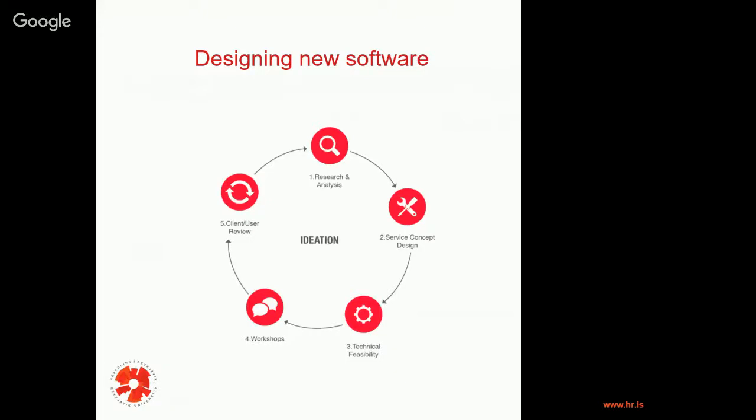Okay. Let's talk about when you design a new software. There is this ideation phase, when we are really getting this idea, and to work on that, we have to do some research, we have to do some design of the concept, check the technical feasibility.